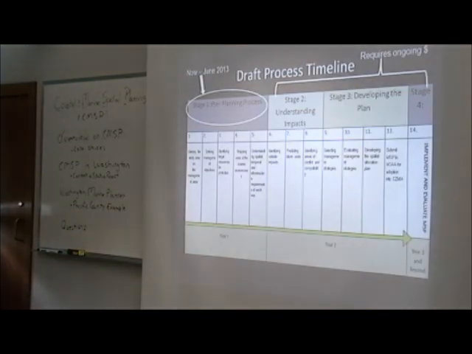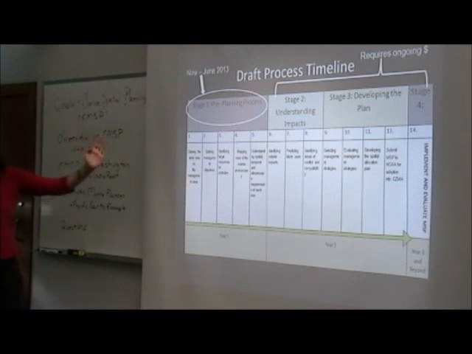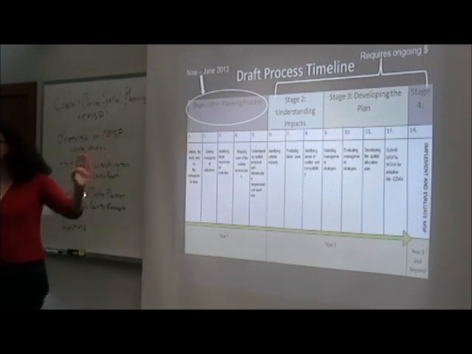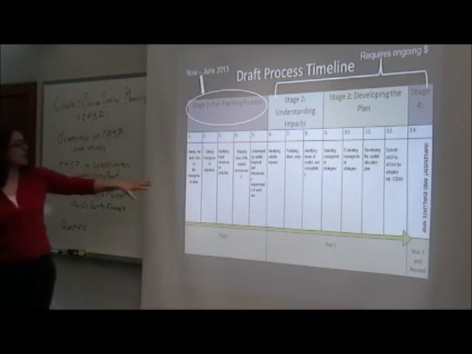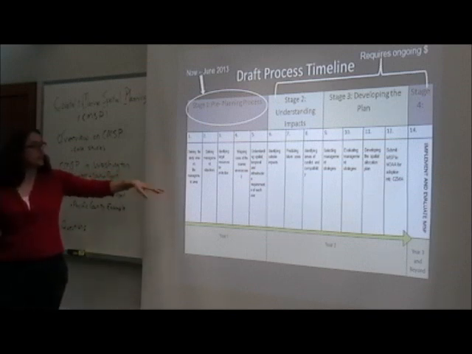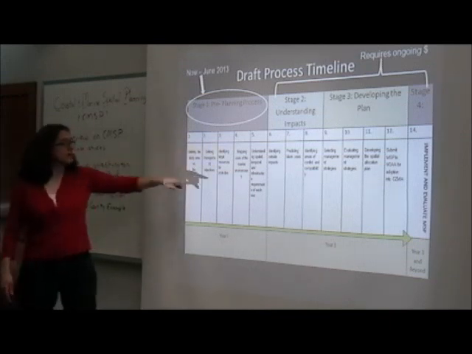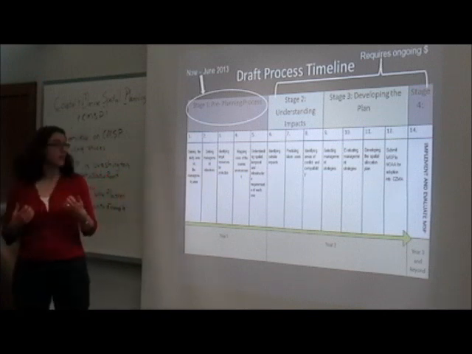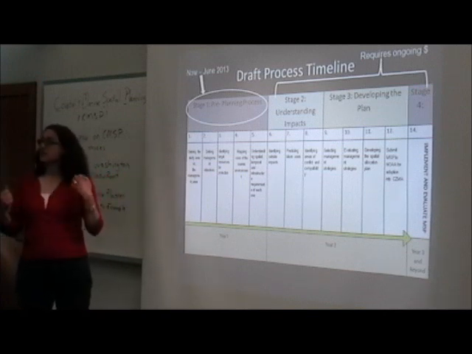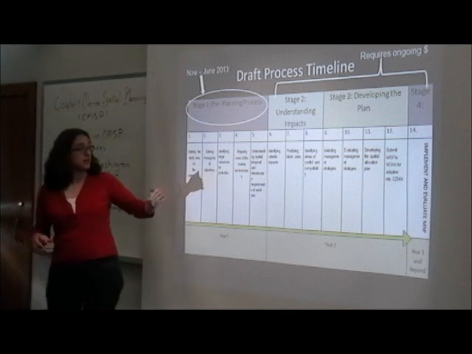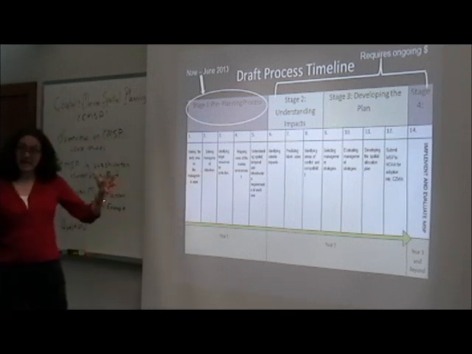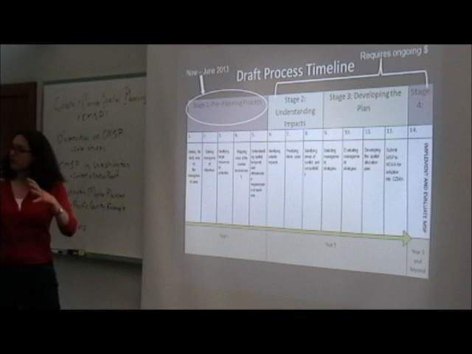And this is another way of looking at it. We're thinking that the pre-planning process is right now, and then launching the actual process will require ongoing money. This is a way of breaking down some of these stages. In this part, there are things like identifying resources, and by that we mean human uses and natural resources, mapping those things out, gathering all that information, getting everything ready to go.